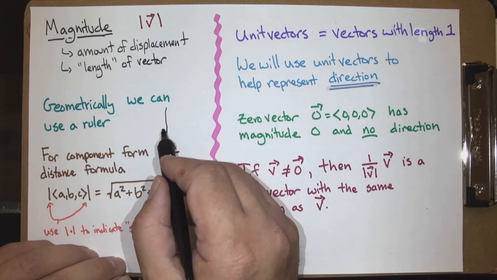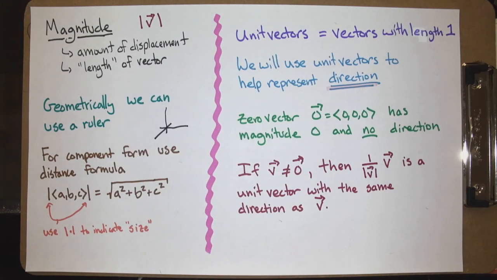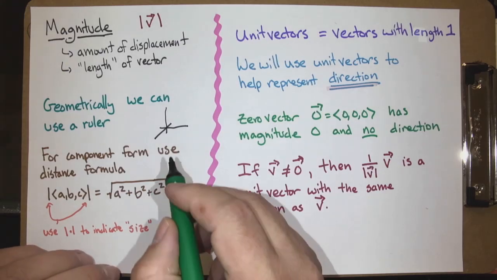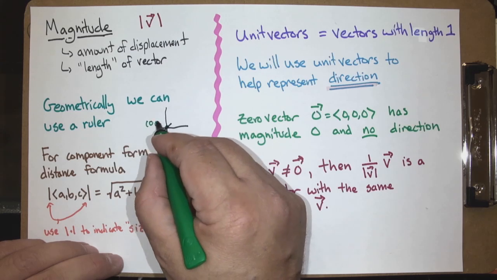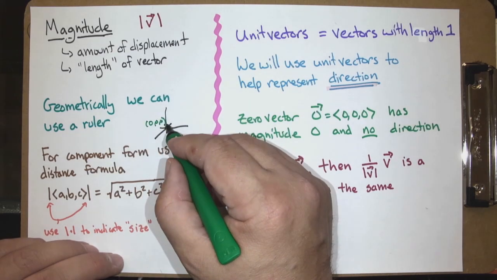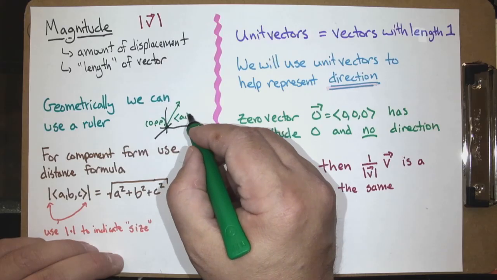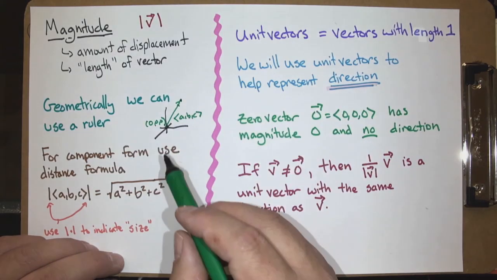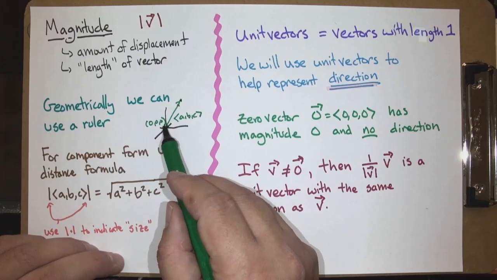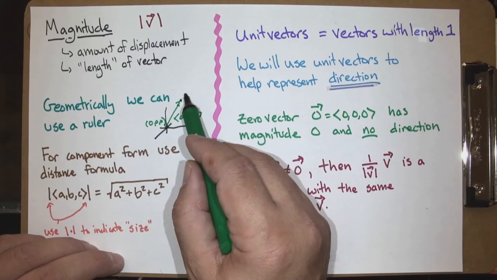So what I like to think of doing is to say, well, our vector can be anywhere. So let's make it in a convenient location. And one convenient location is to put the tail of the vector at 0, 0, 0. And then I have this vector, which is A, B, C. Where will this point be? If I start at 0, 0, 0, I change A, B, and C respectively. Where do I end up?